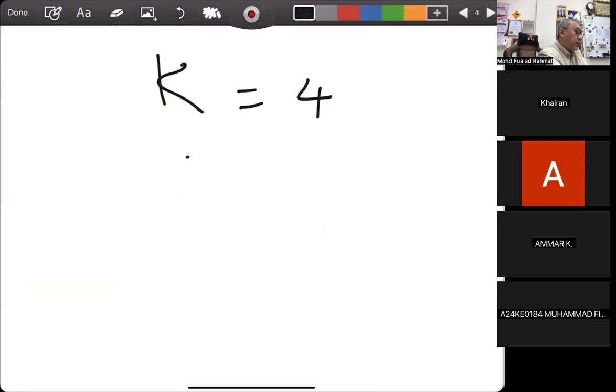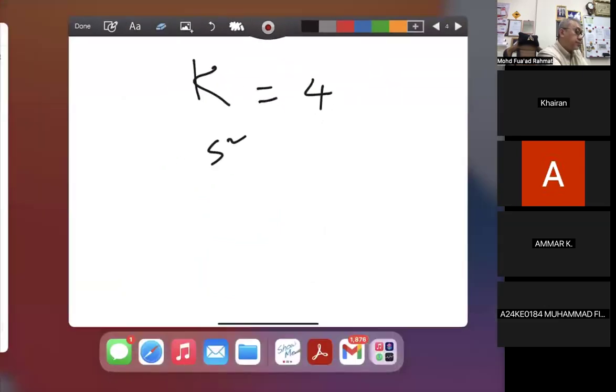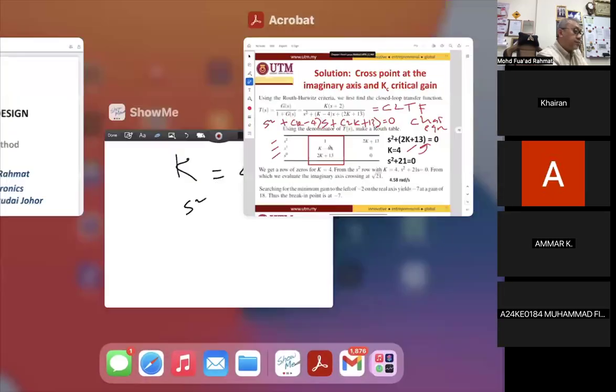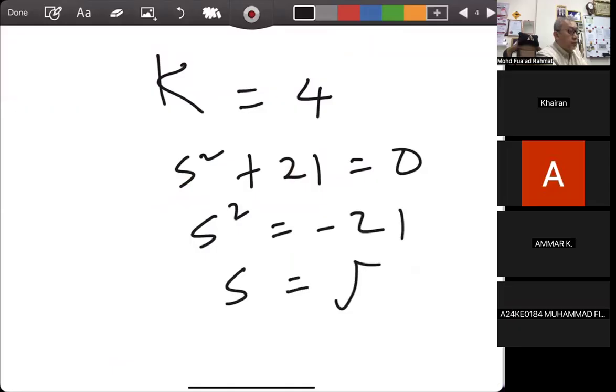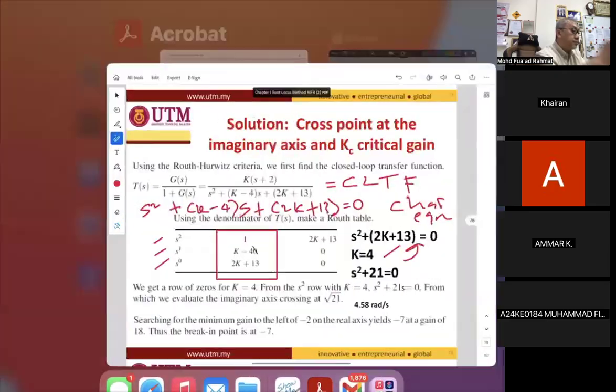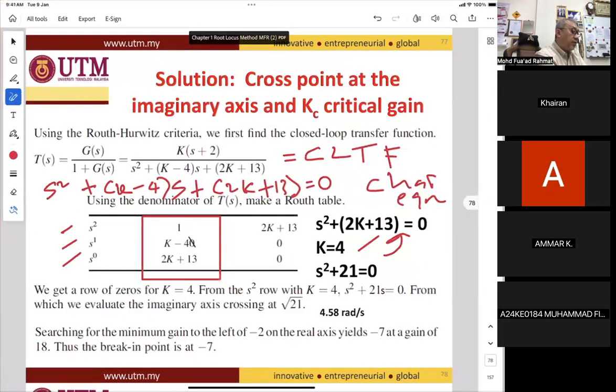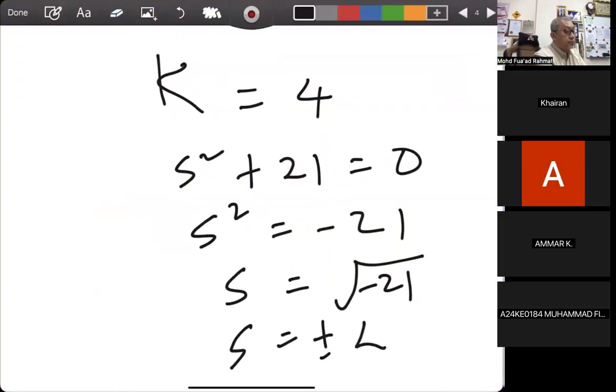So we'll give you s squared plus 21 equal to 0, minus 21, square root 21, which is plus minus j 4.58. So that's what we read from the graph, which is plus minus j 4.58. When we verified using analytical calculation, we get the same answer.